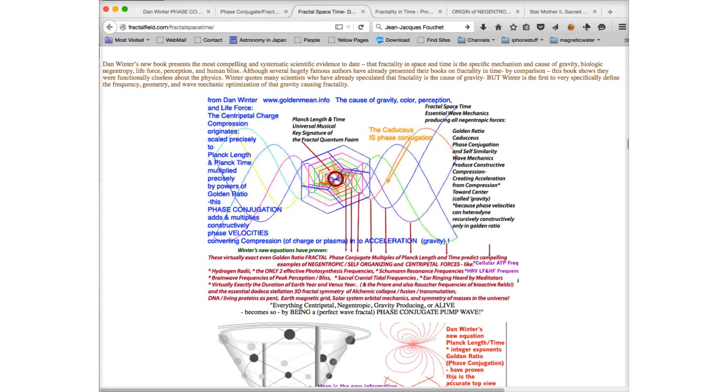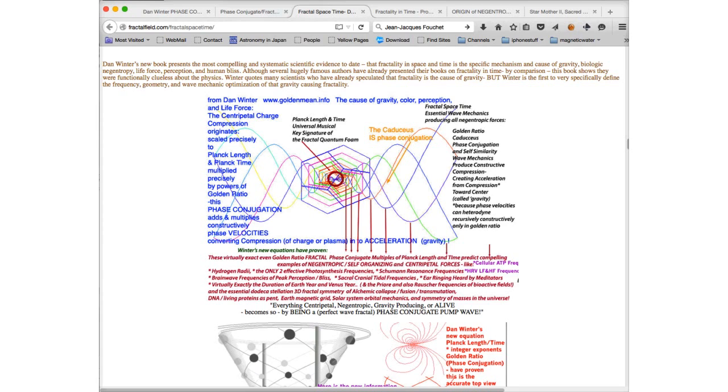You take Planck length and time, exact whole number multiples, powers of golden mean, and you get all kinds of incredible coincidences about self-organizing phenomena: photosynthesis, duration of Earth year, Venus year, frequencies and dimensions of hydrogen, Schumann harmonics, brainwave harmonics, implosion. Cool stuff. You get a clue to what is life, what is negentropy, what is self-organization. And that's what we want to talk about and explain as fractal space-time right now.